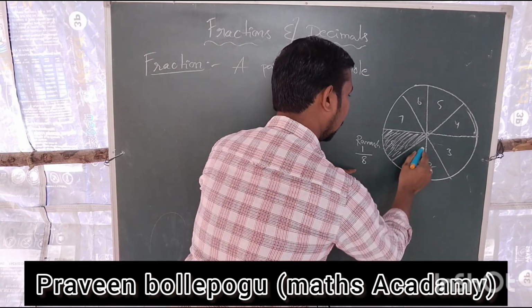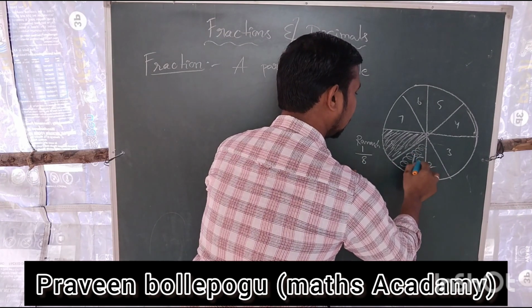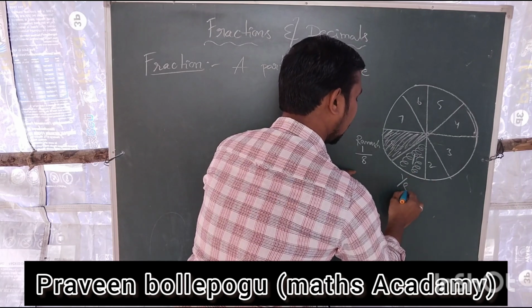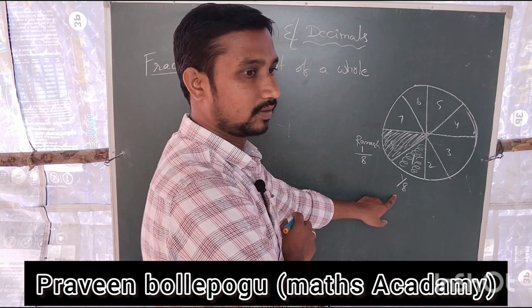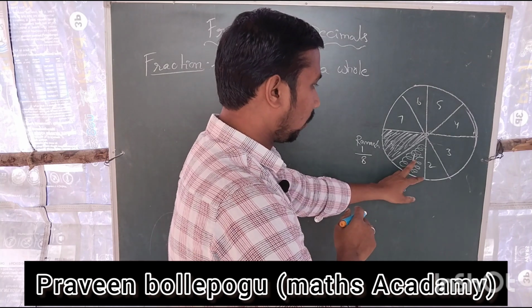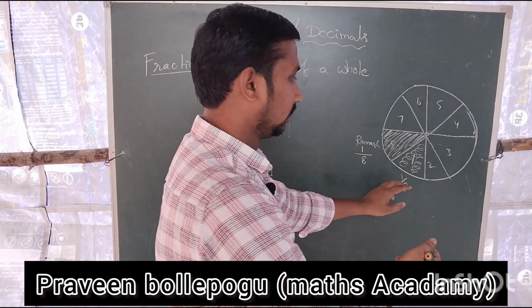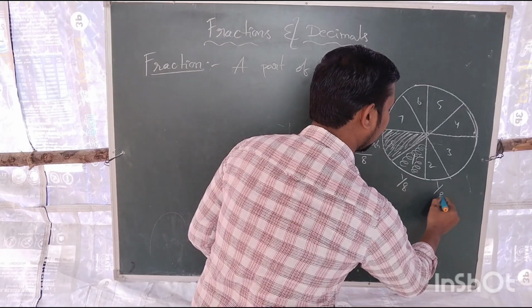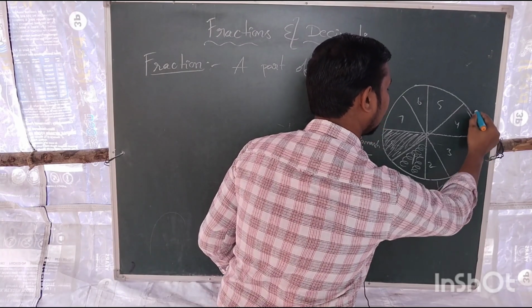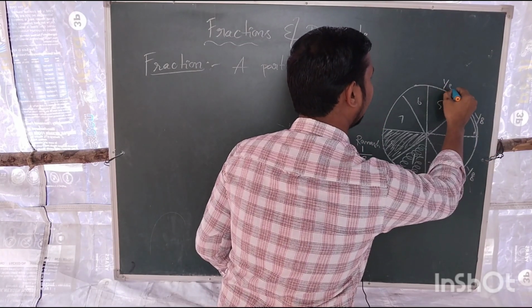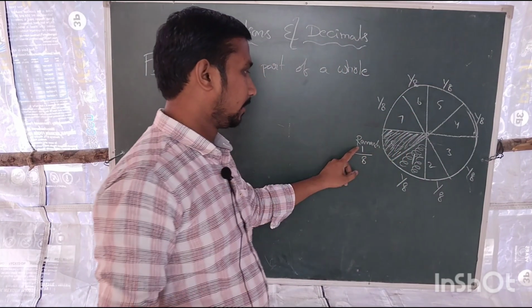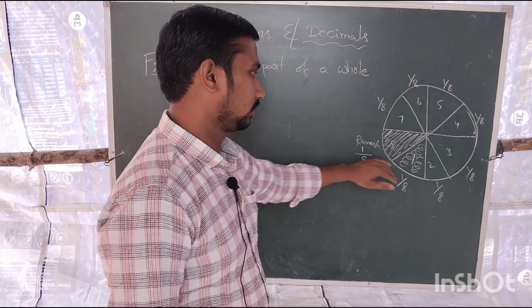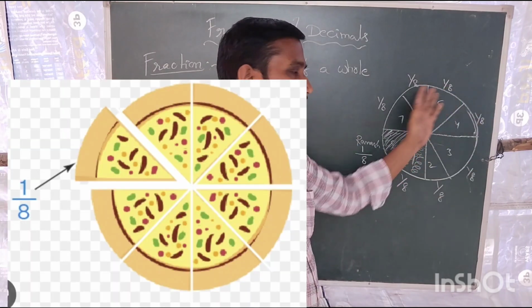Next, Lata. Imagine it is Lata's part. She also got the 1 by 8 part of the cake. That means she has one part. So 1 by 8, 8 friends are there. 1 by 8 and 1 by 8 and 1 by 8, and so on. There are 8 friends, so you have to divide the cake into 8 parts.